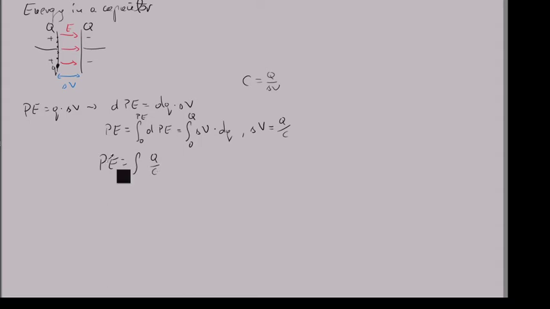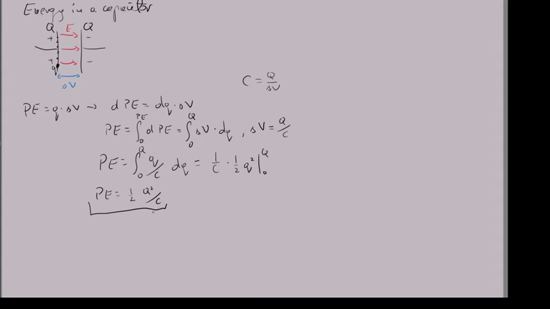What I need to do is, let's write little q, because I want to add all of them up, over C dq, and this is from 0 to the total charge Q. Now C is a constant, it's just the capacitance of a capacitor, and so that means that I can pull this in front, and this will give me half Q squared, and then I go from 0 to big Q. And so here's the expression for the potential energy. It's half Q squared over C.